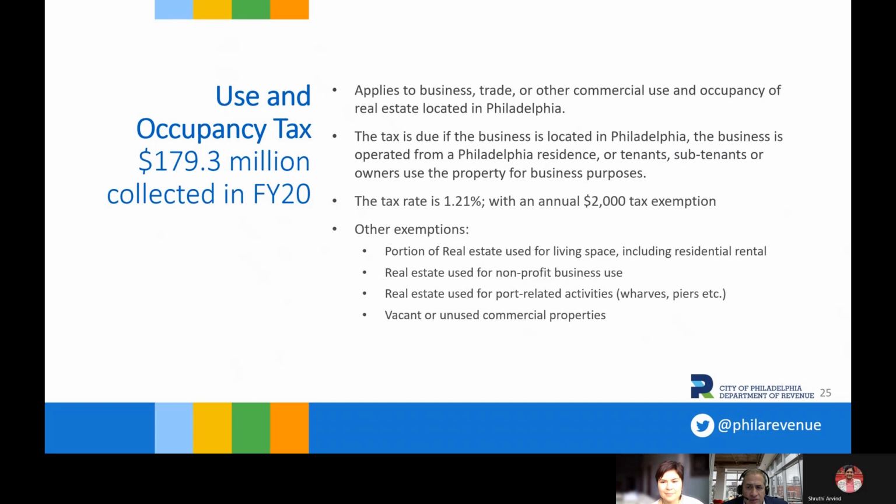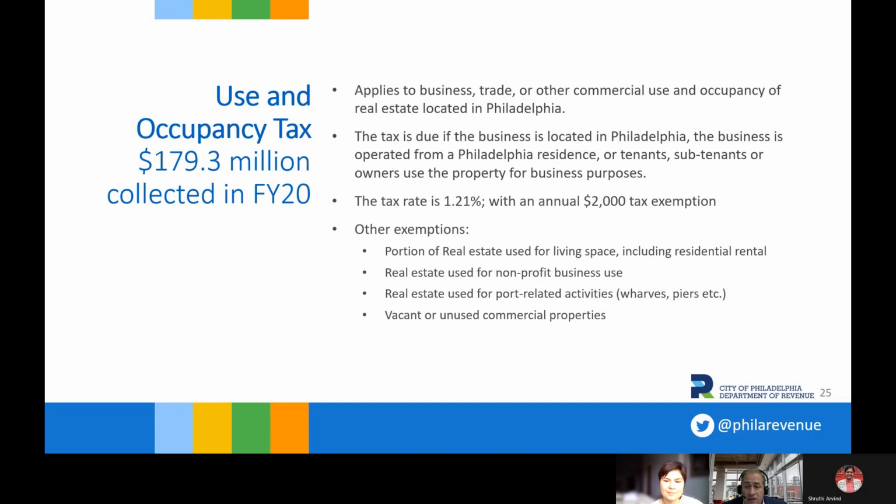And apart from the tax exemption, there are other types or uses of property that are exempt from paying the tax, listed on the slide. So, for example, the portion of a property that's used for residential purposes is not subject to the UNO tax. Also, if a portion of the property is used for nonprofit purposes, that is not subject to UNO tax.